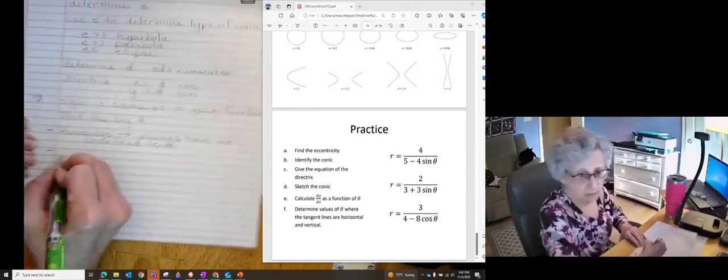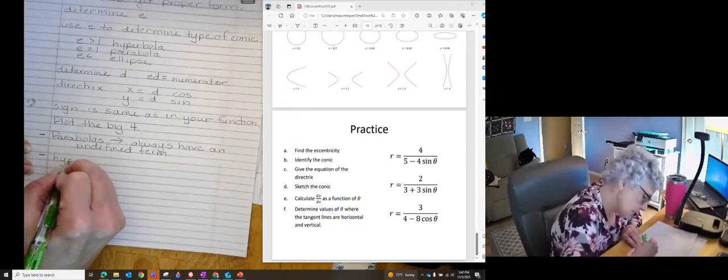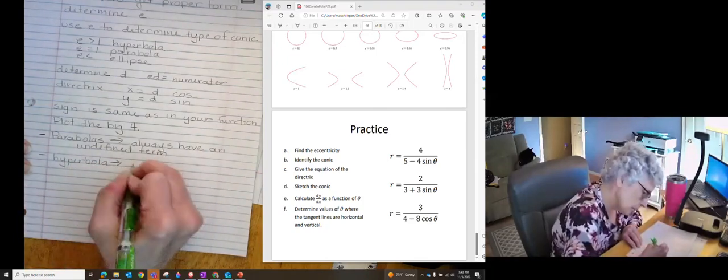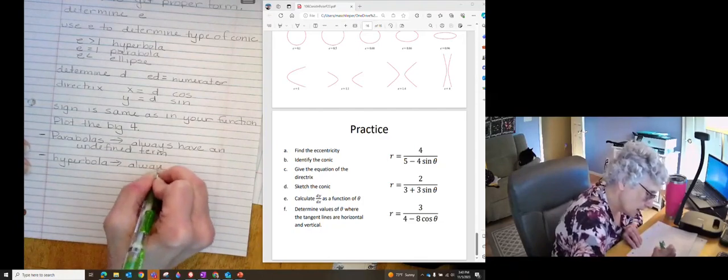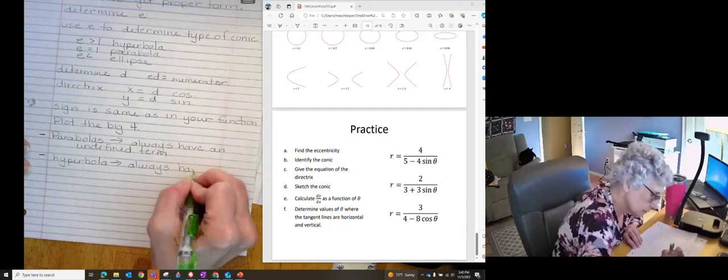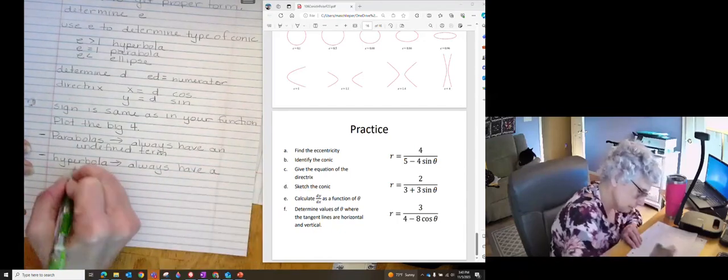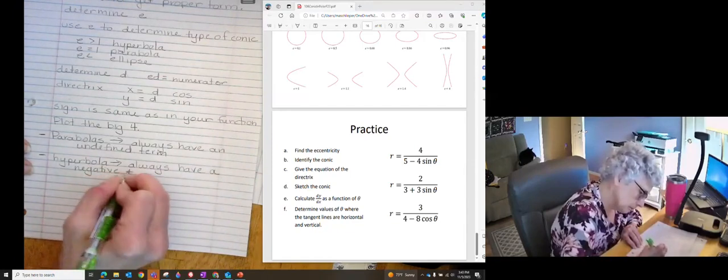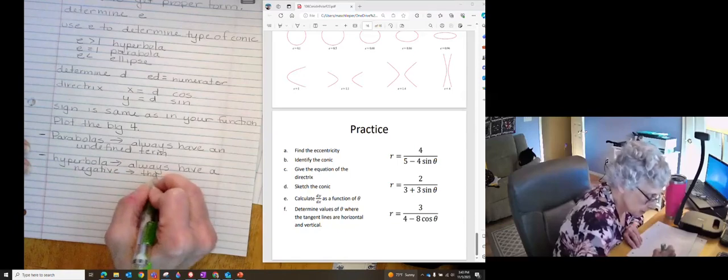Ellipses are easy. Hyperbolas always have a negative guy, an outcast. That's where the reflection lives.